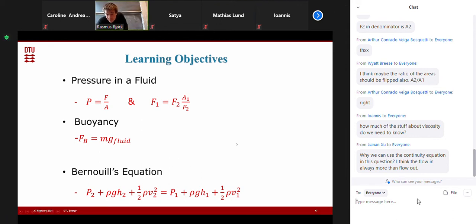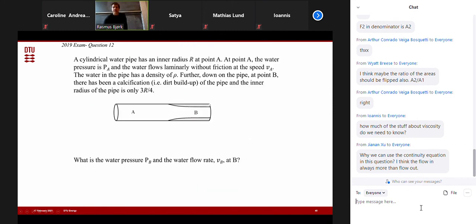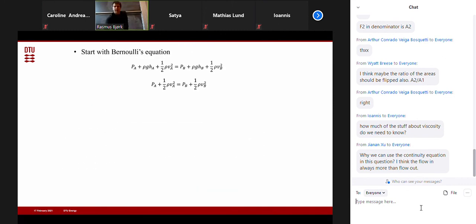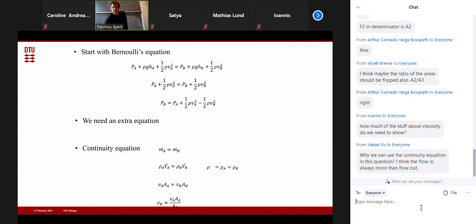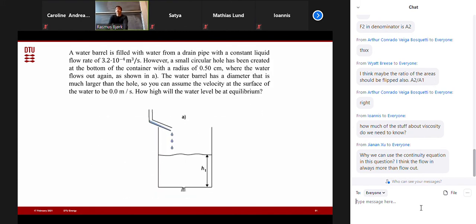Why can we use the continuity equation? I think the flow in is always more than flow out. Yeah, okay. The question is with respect to that last question right here. Yeah, this equation right here.